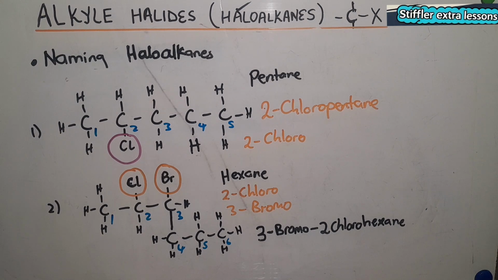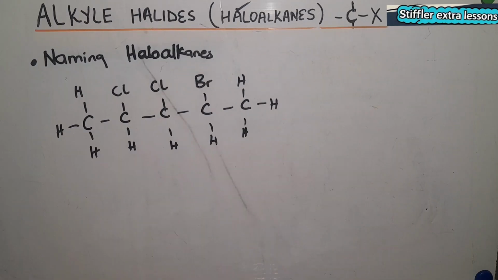So maybe let's try out one more before we move on to aldehydes and ketones. So let's check this out. You can also try to do this, and I'll resume the video in 3, 2, 1, go.